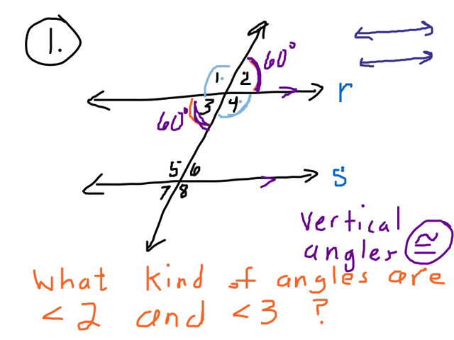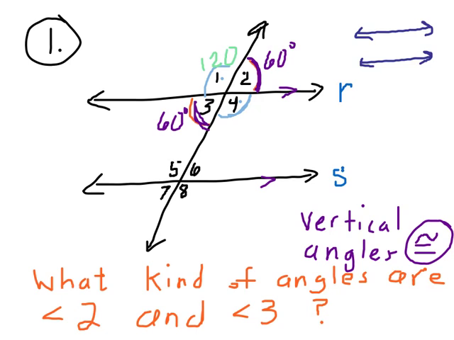So we know that this has to be 120, because 120 plus 60 is 180. And learning from the previous lesson about supplementary angles, you know that angle 1 and 2 are supplementary, because altogether they make 180. You could even say that angles 1 and 3 are supplementary. 1 is 120, 3 is 60. Angle 1 and 3 are supplementary.